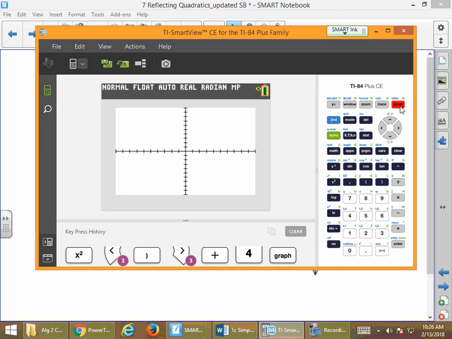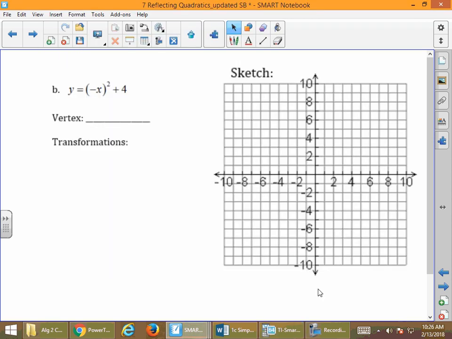If we look at the picture, if we didn't know what the vertex slash turning point was, do we know what it is now? And hopefully the answer is yes. It is 0, 4. And we actually only have 2 transformations on this one.